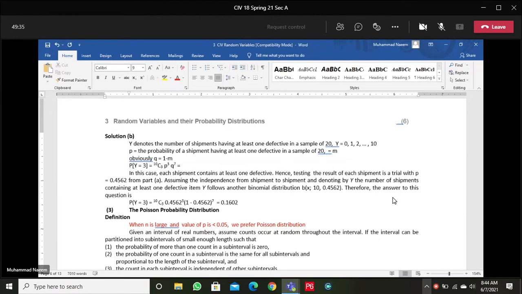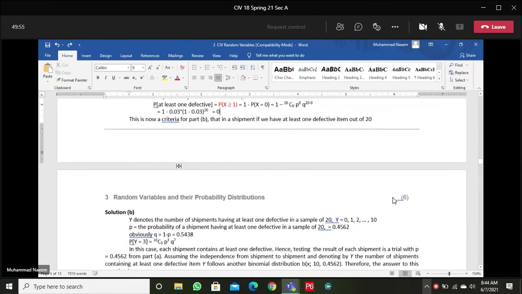We have 10C3 M power 3, 1 minus M power 7. This is your answer, if you are not allowed to use a calculator.